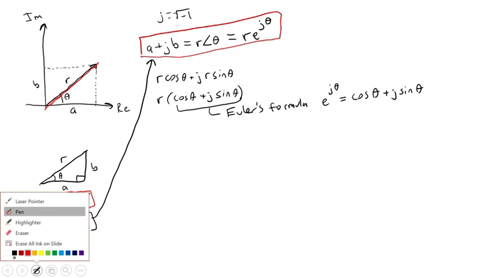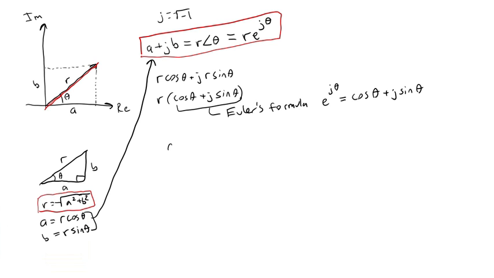You might encounter a complex fraction. You have a plus jb over c plus jd, and it might not be immediately apparent how to calculate the magnitude of that fraction. It turns out that if you want to take the magnitude of this whole thing, that is equal to the magnitude of a plus jb over the magnitude of c plus jd.